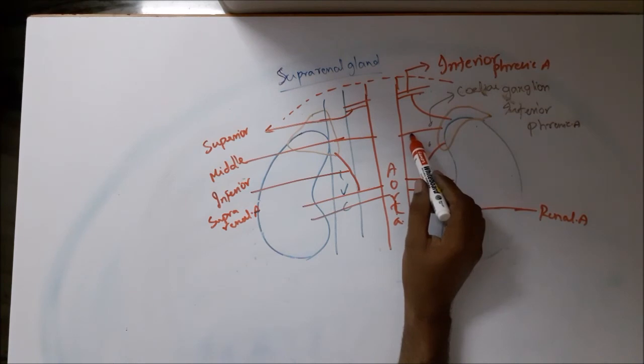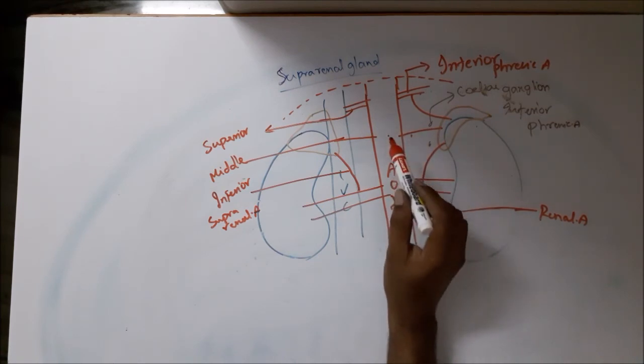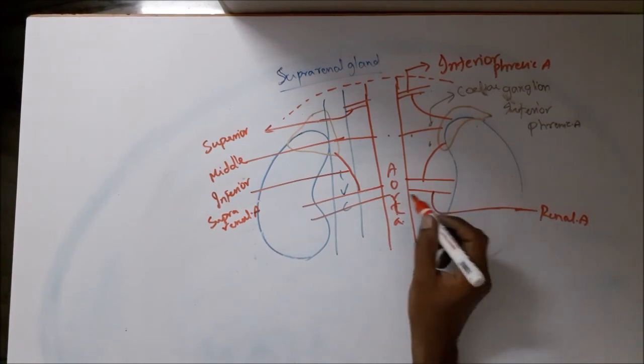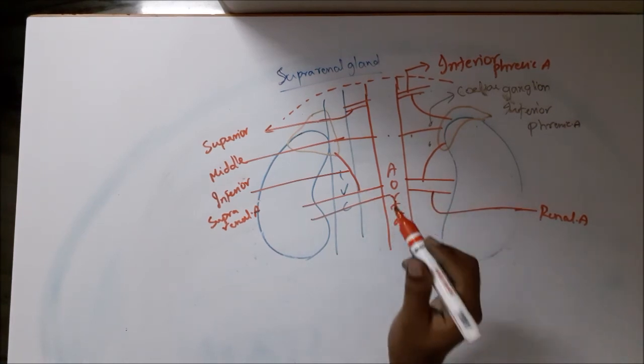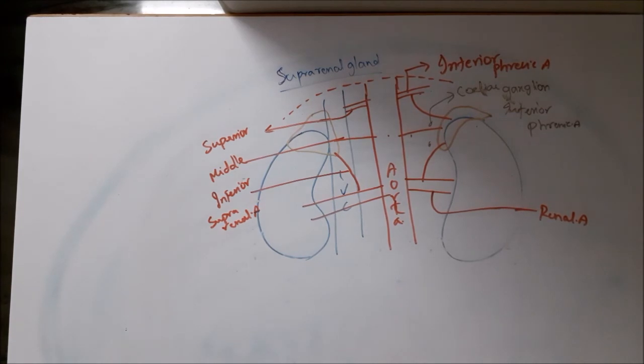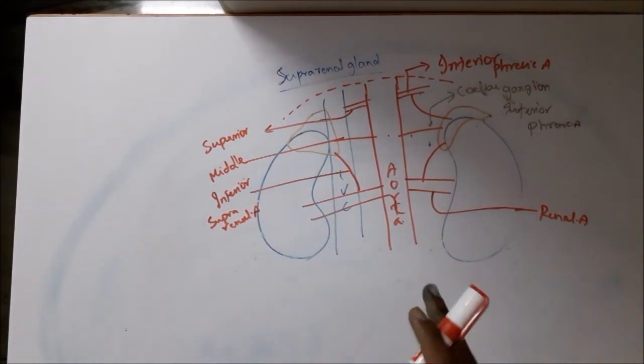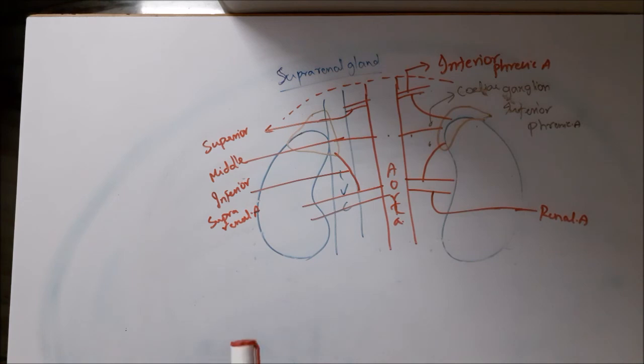Middle suprarenal artery is a direct branch of the aorta. Inferior suprarenal artery is a branch of the renal artery. Then these suprarenal arteries, after they pierce the capsule, they form a plexus and give different abundant branches.